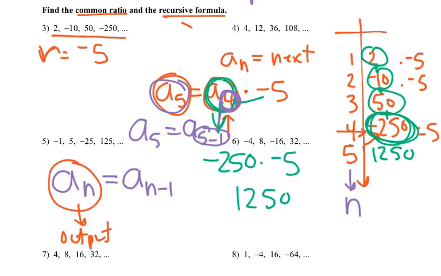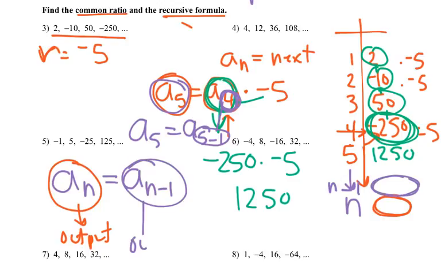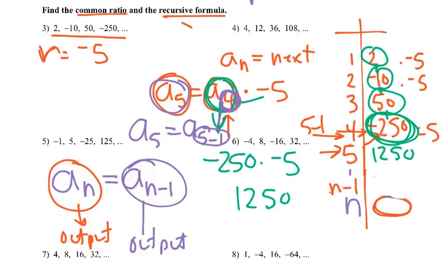This one is referring to an output as well, but the previous output, because when we were looking at 5, we went 5 minus 1, or 4, which was the previous term. So when we write our equations for recursive, we always go a sub n equals a sub n minus 1, and then what pattern did we apply? We times by negative 5, reminding ourselves that these are both outputs.